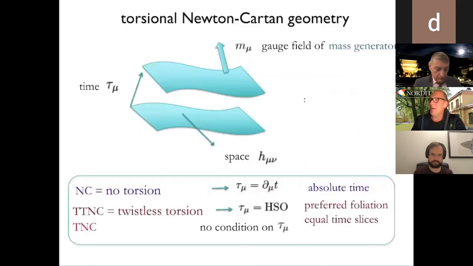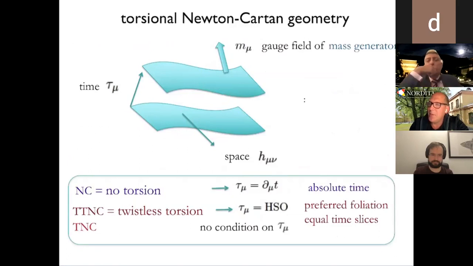But let me just also give a drawing. So one way to think about Newton-Cartan geometry is you have time, spatial slices, and on every point in space there's a U1 gauge field. This U1 gauge field is very natural to understand, because in a non-relativistic theory, energy and mass are not the same anymore.